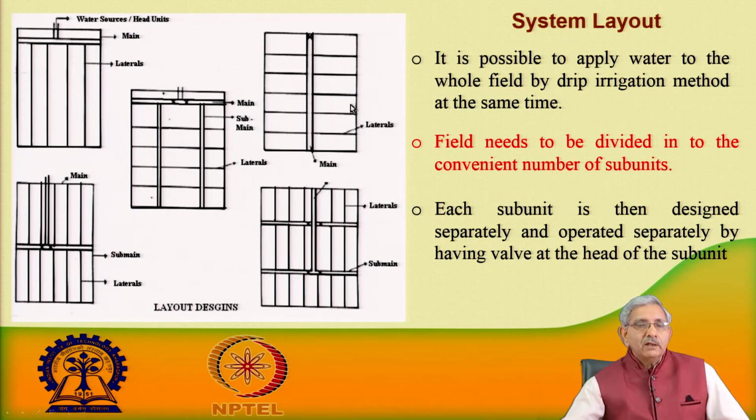This could be another way, where the main pipeline is brought up to the center of the width, and then lateral pipelines are attached on either side. This is also possible when the area is small, and we do not have a sub main pipeline.